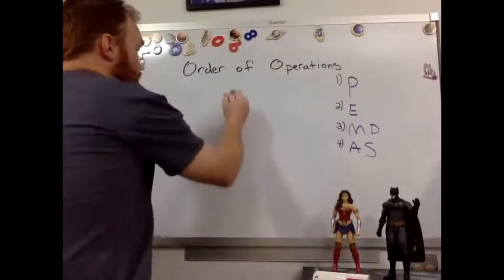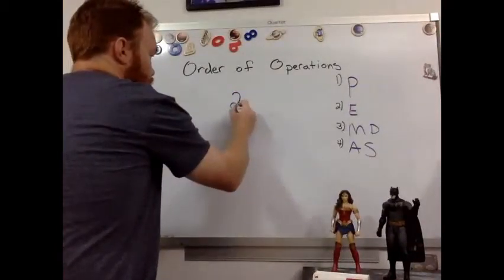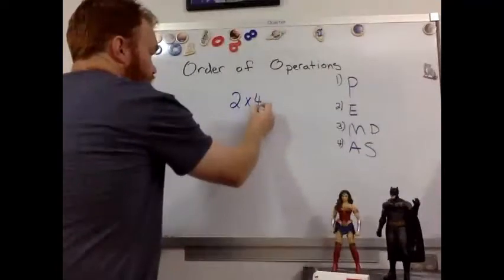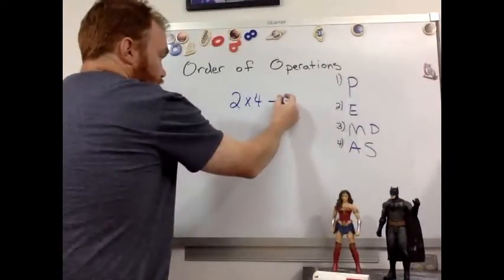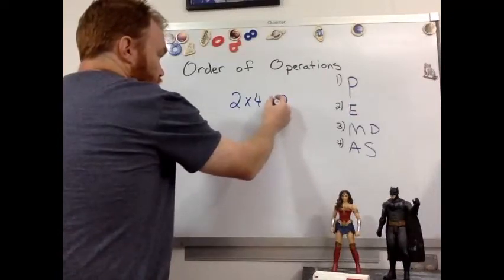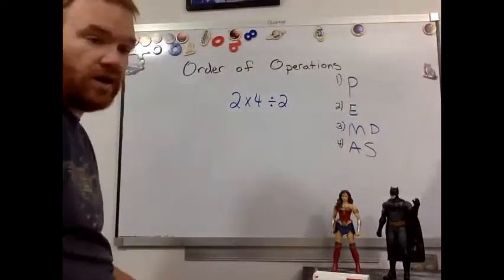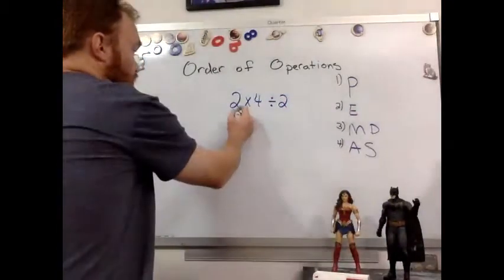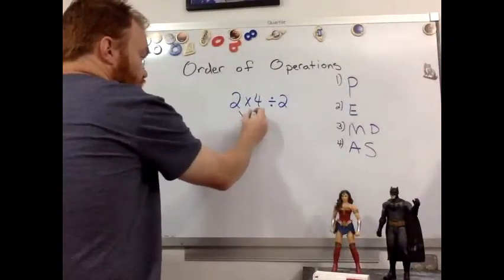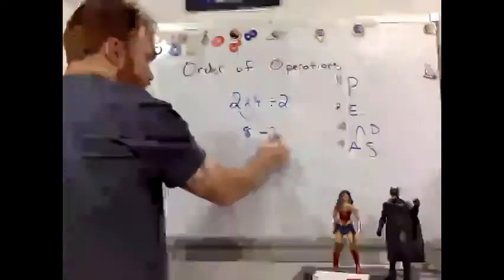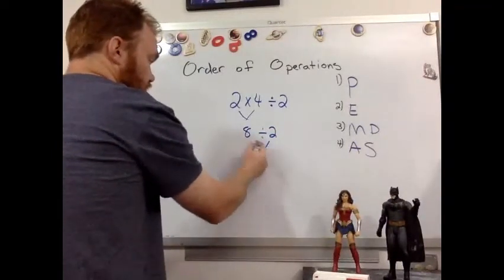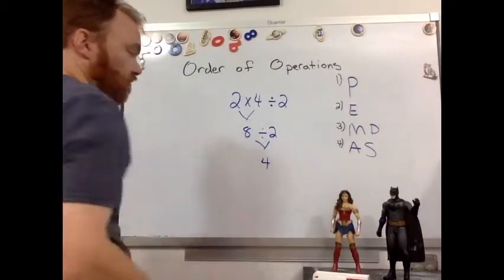So if we have 2 times 4 divided by 2, we're going to do our multiplication first. 2 times 4 is 8. 8 divided by 2 ends up being 4.